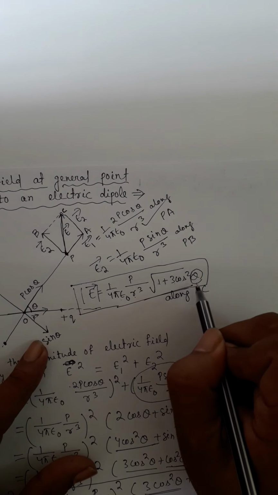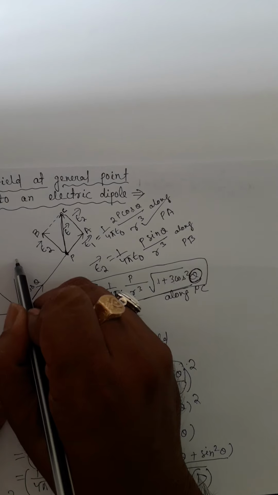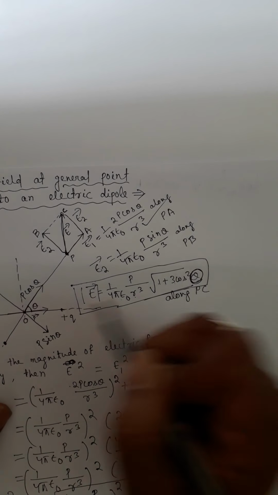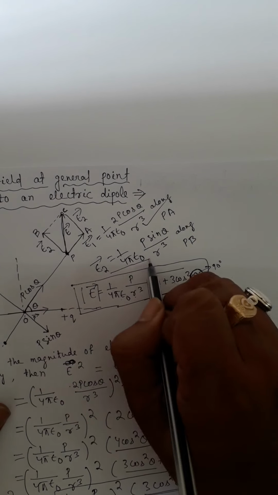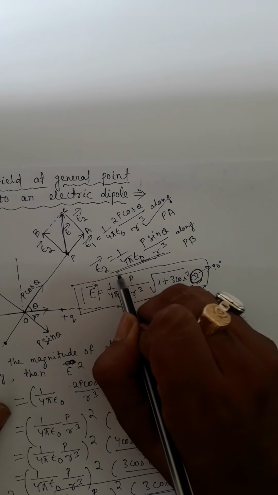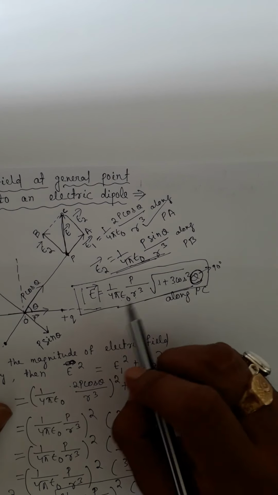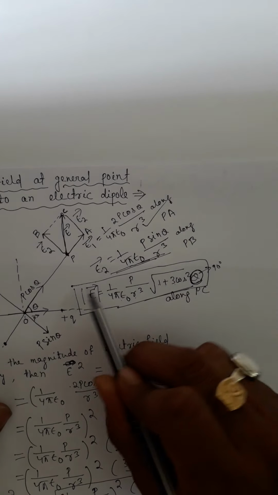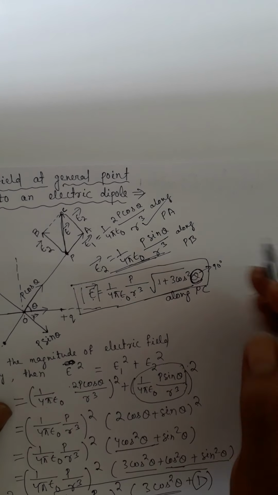And if we put theta as 90 degrees, which is the equatorial line, then we will find the electric field intensity at the equatorial line, and you will see that the formula will be this. So we have already calculated the general formula to calculate the electric field intensity at any point due to an electric dipole.